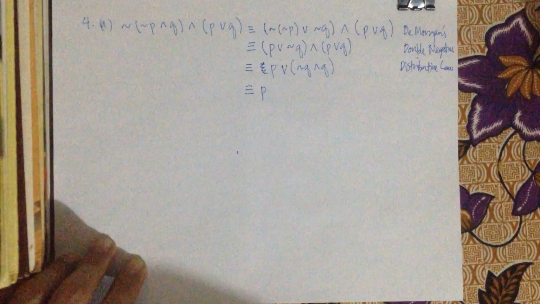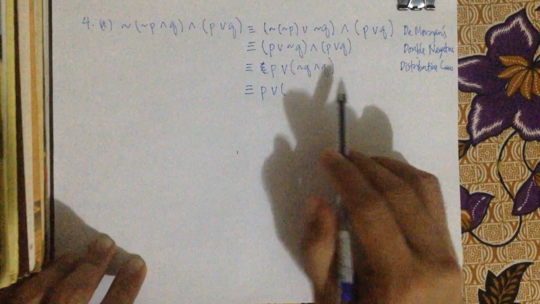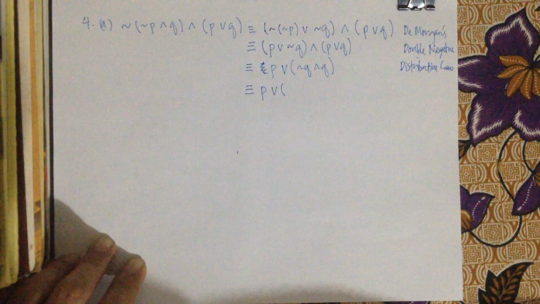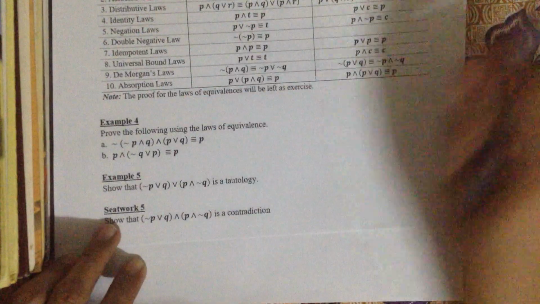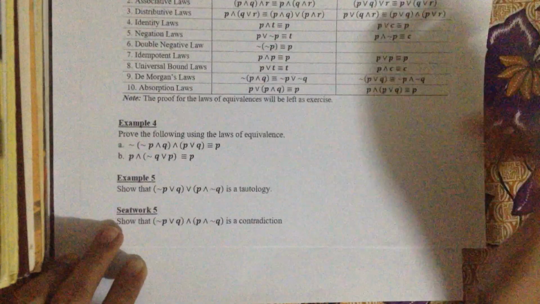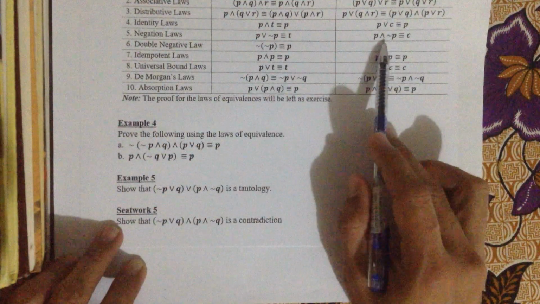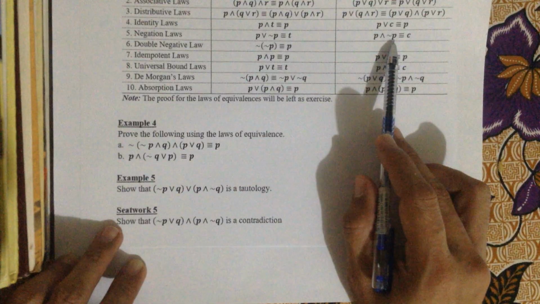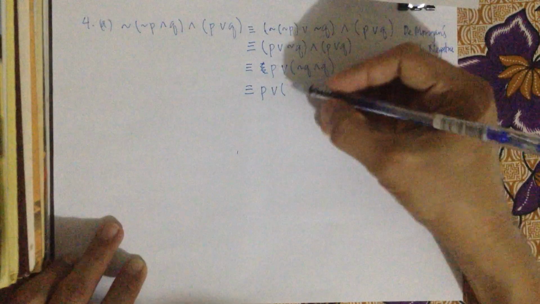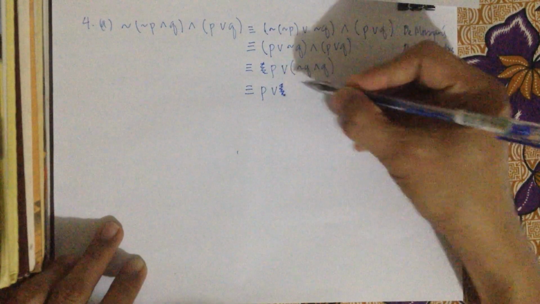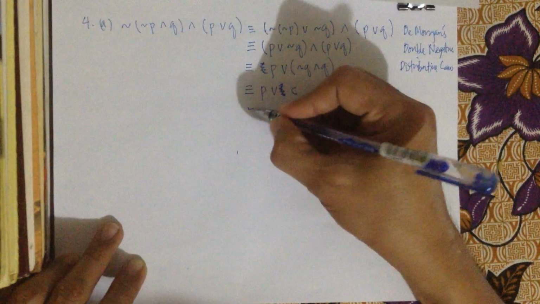Then what should be done next? We write P, then OR, but with this negation of Q and Q. We refer again to the laws of equivalence. Negation of Q and Q, that would be this one, right? Negation law, which is P and negation of P is a contradiction. So this is a contradiction.